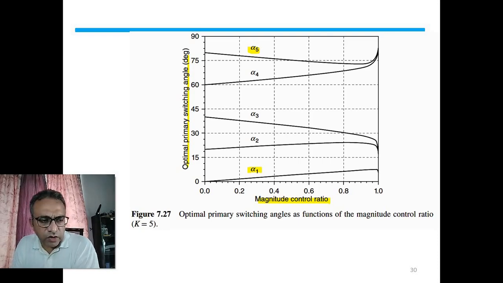We can figure out the angles alpha 1 to alpha 5 or as many as we like by performing simulations, and then from the simulation the angles can be transferred into the controller, and the controller can execute the switching.